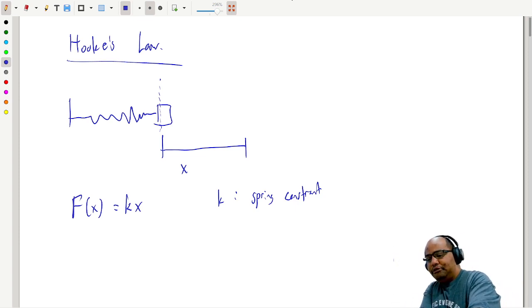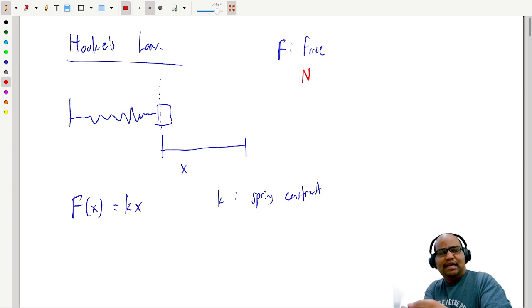Now, let's get some of the units out of the way. The unit of force is going to be newtons if you're working in SI units, or pounds if we use imperial units.